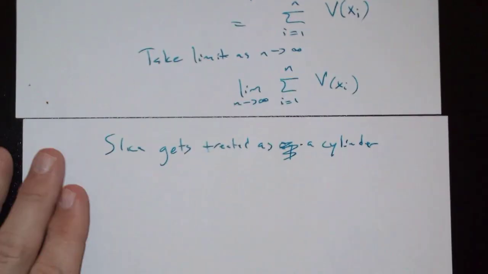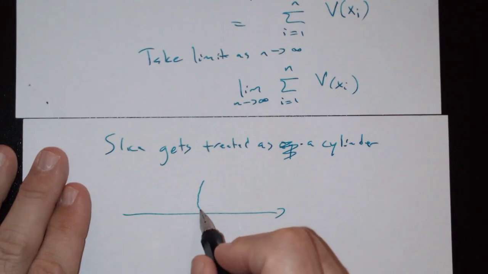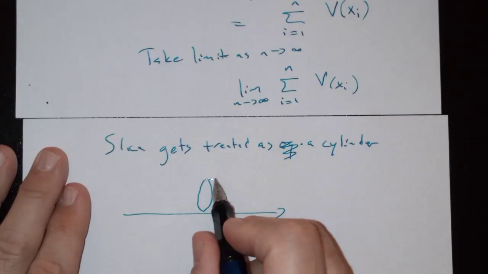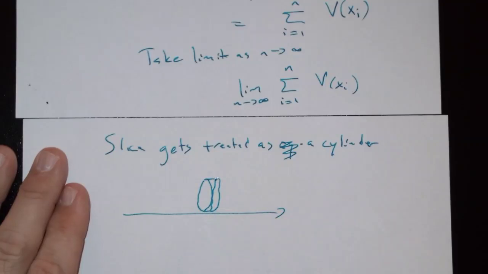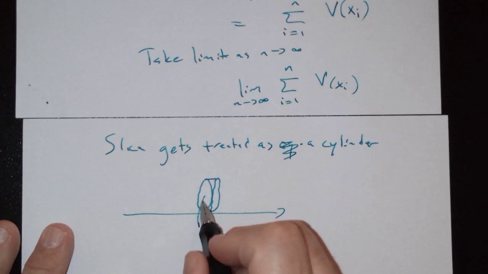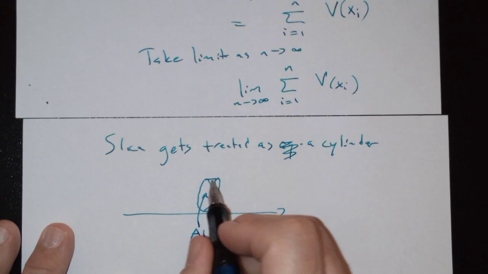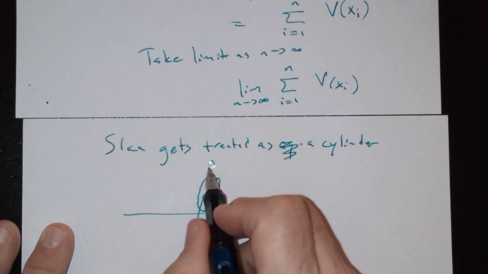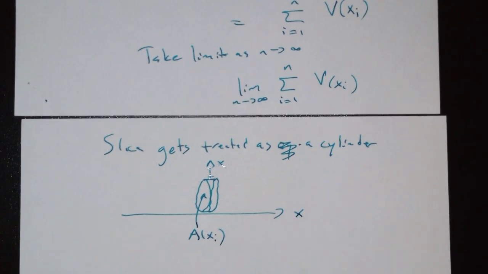But my cylinder is going in the x direction. This is a very bad slice of my round loaf earlier. I need to know the area at this point, and then I need to multiply by the thickness. Thickness is a little change in x because this is the x direction.